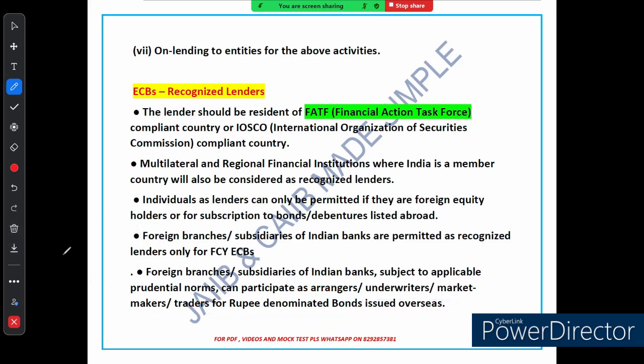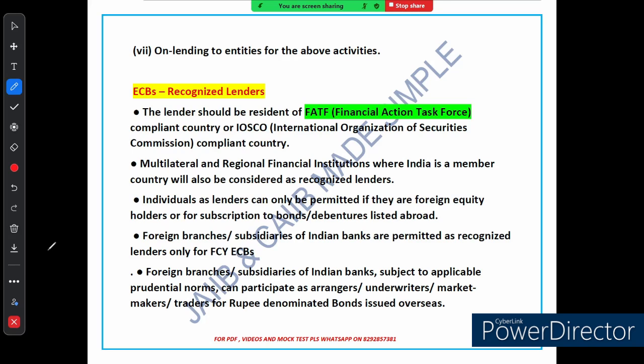So this is what I explain, that foreign branch subsidiaries of Indian bank, subject to applicable prudential norms, can participate as arranger, underwriter, market maker, trader for rupee denominated bond issued overseas. Suppose there is a rupee denominated bond which has been issued overseas. So for these bonds, the Indian bank branch abroad can participate in other role too.